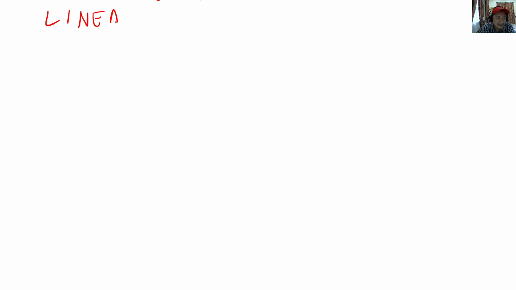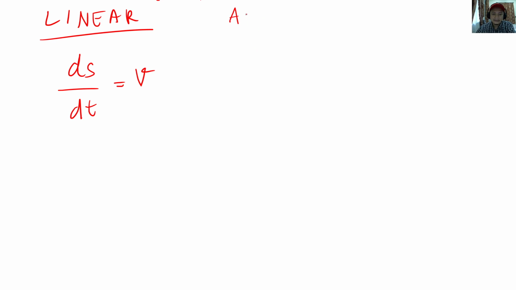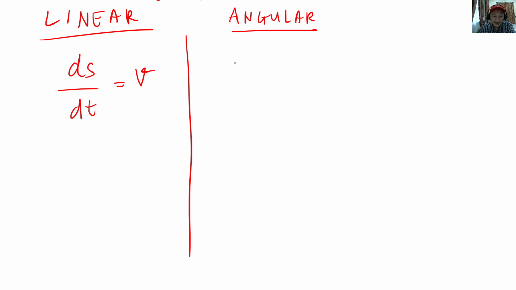Linear. When you learn linear, you have things like this: ds over dt is equal to v. So when you go to angular, you're going to have d theta over d time is equal to omega.